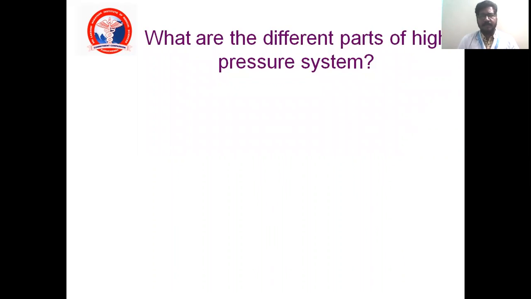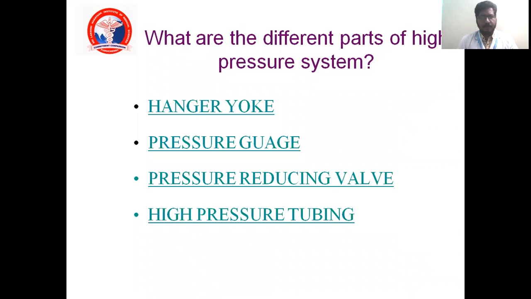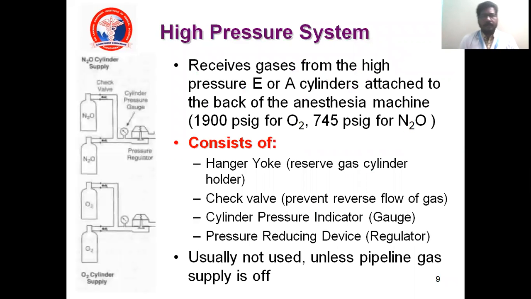What are the different parts of the high pressure system? It comprises the hanger yoke, Bourdon pressure gauge, pressure reducing valve, and high pressure tubings. What is the most important function and the most salient feature of the high pressure system? It receives gas from high pressure E-type or A-type cylinders attached to the back of the anesthesia machine, at a pressure of 1900 psig for oxygen and 745 psig for nitrous oxide.